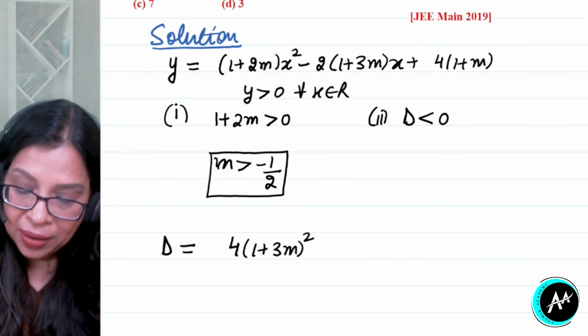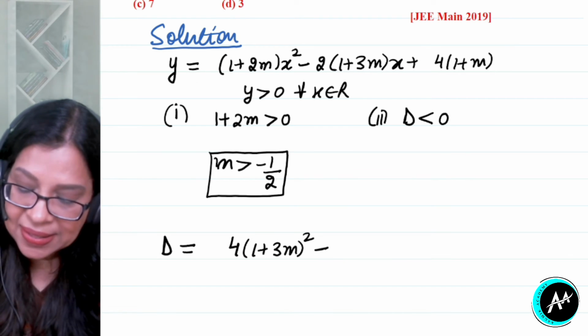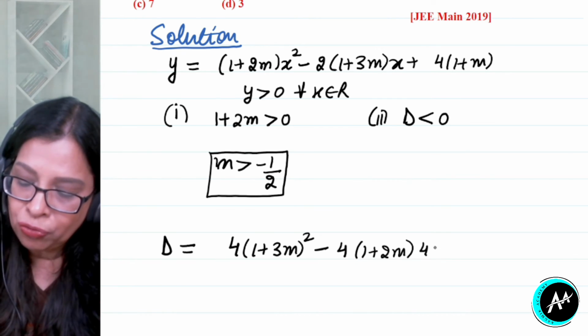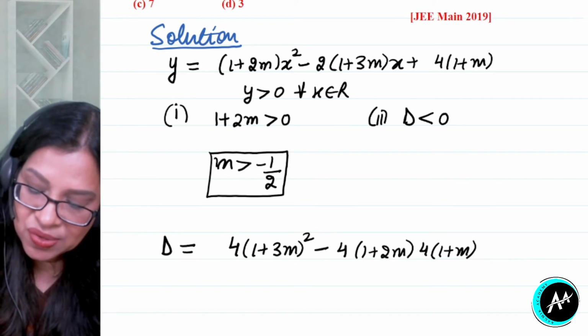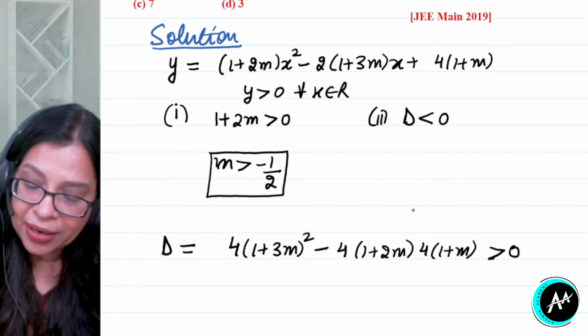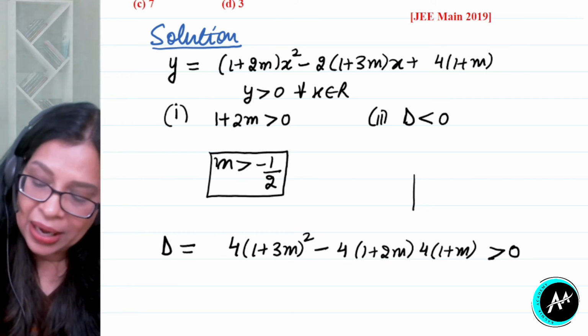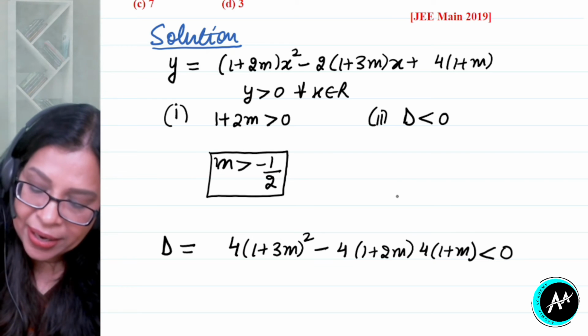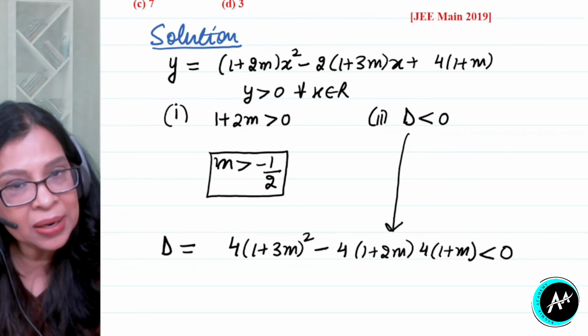Alright. And then minus 4ac. So minus 4 into 1 plus 2m into 4 into 1 plus m. So I have this to be less than 0, because the second condition was discriminant should be negative.